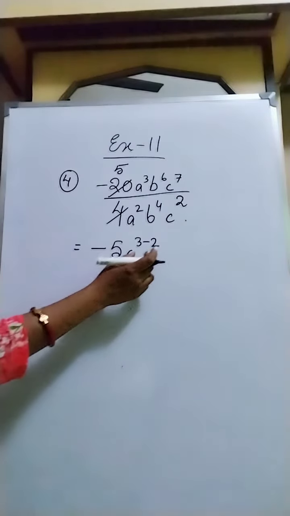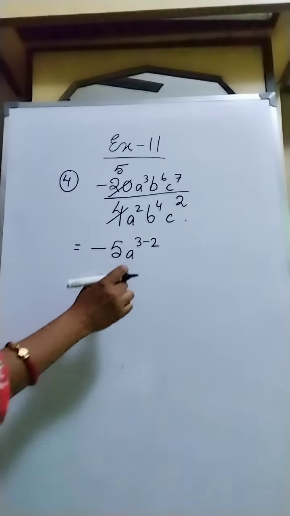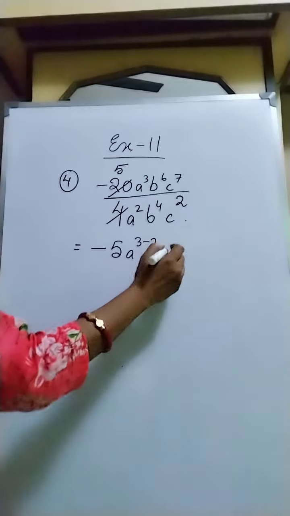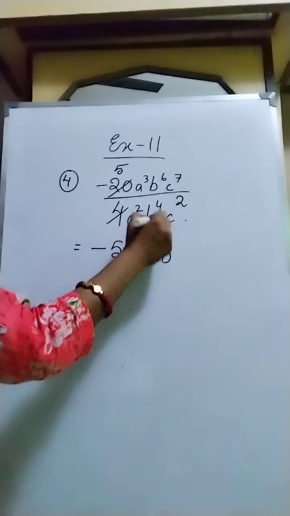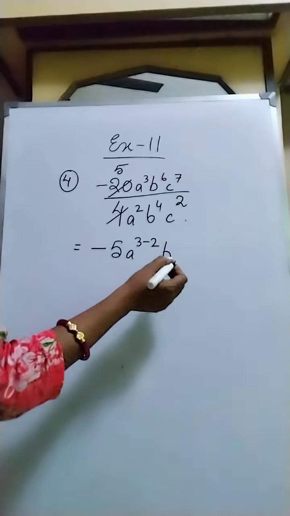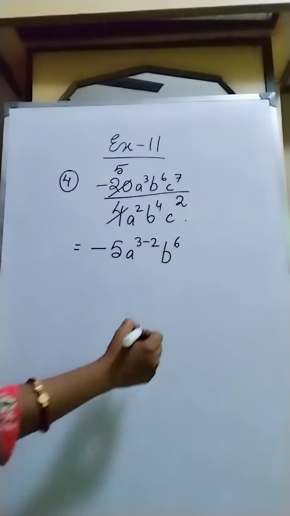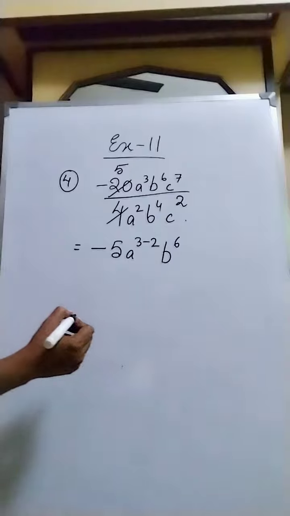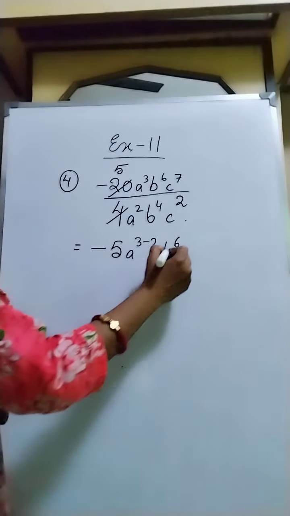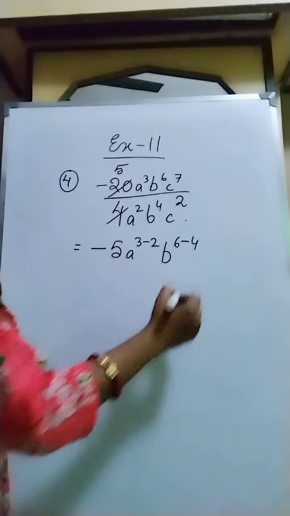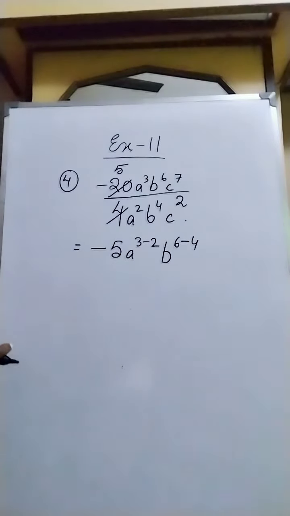Same variable, power will be subtracted in case of division. B also, you will write b because b is the next variable. Then what you will write? 6 minus 4. 6 is the power of b in the numerator, and then minus 4 because 4 is the power of b in the denominator.